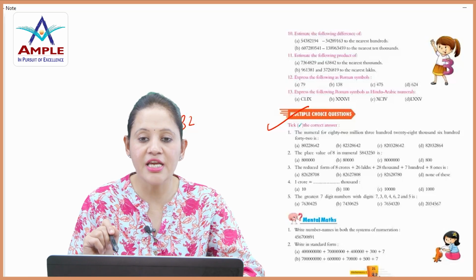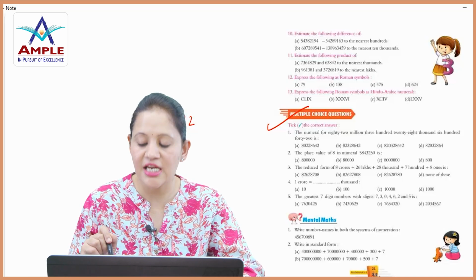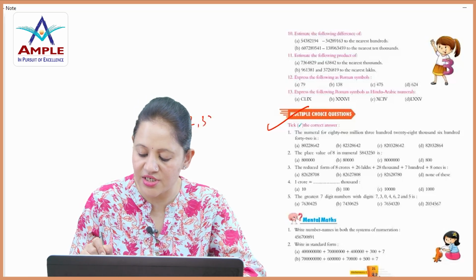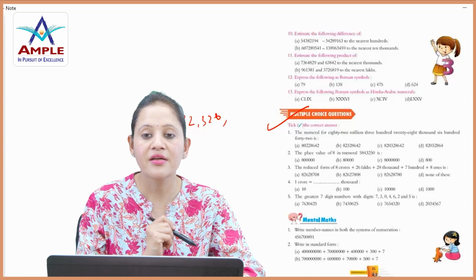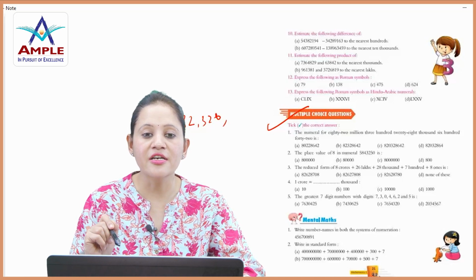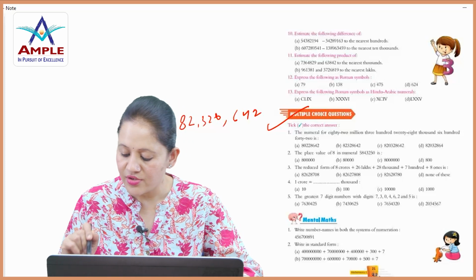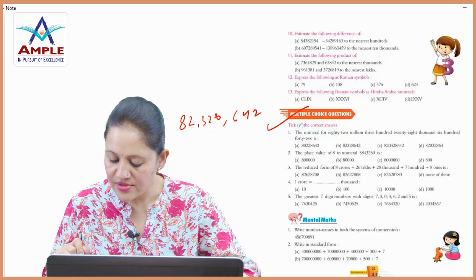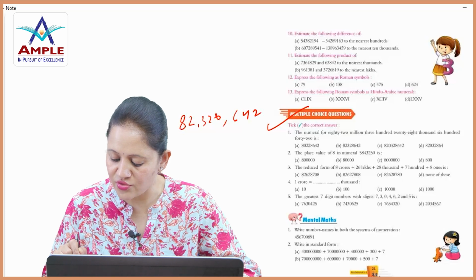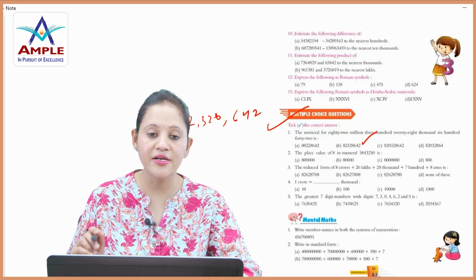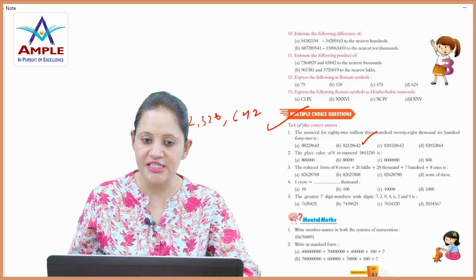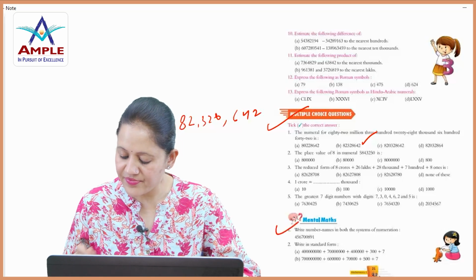Then 328,000. 328,642. 642. 82,328,642. So, option B is the correct answer here. Practice all the questions.